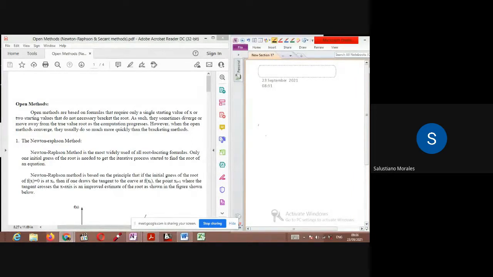The bisection and the regula falsi are almost the same in terms of the algorithm or steps. The only difference is in the determination of the approximate root XR.